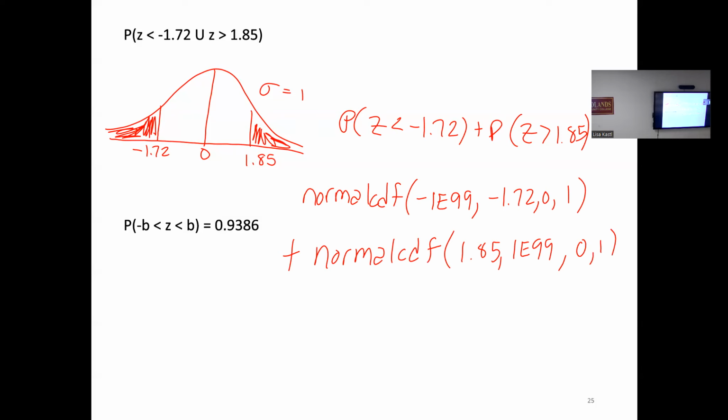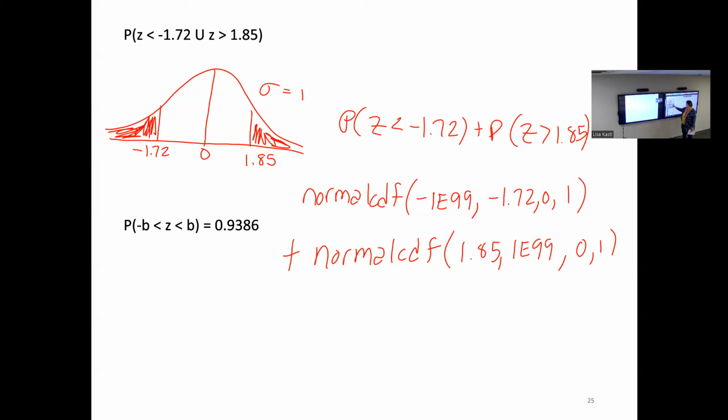So normal CDF, negative 1 times 10 to the 99, our upper is negative 1.72, 0 and 1. We're going to add to it.